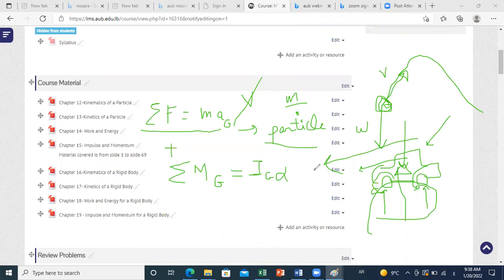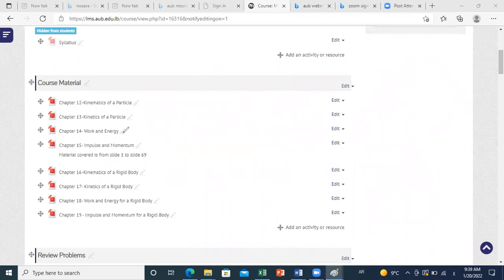Okay, so now for the first chapters 12, 13, 14, and 15, we will deal with a particle. Now, what are the topics that will be covered? First, we will start with kinematics of a particle. What is kinematics? Kinematics is the science which studies the relation between time, position, velocity, and acceleration without considering forces acting on the particle.